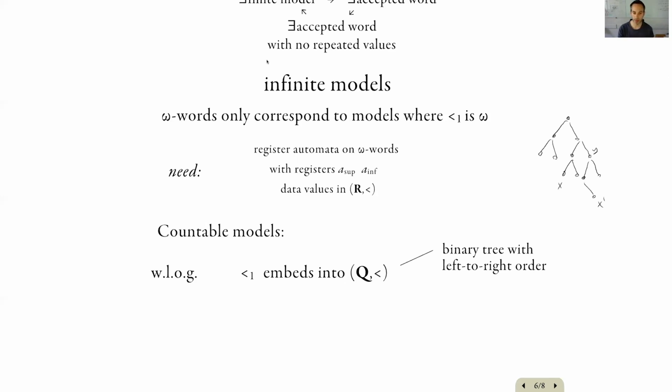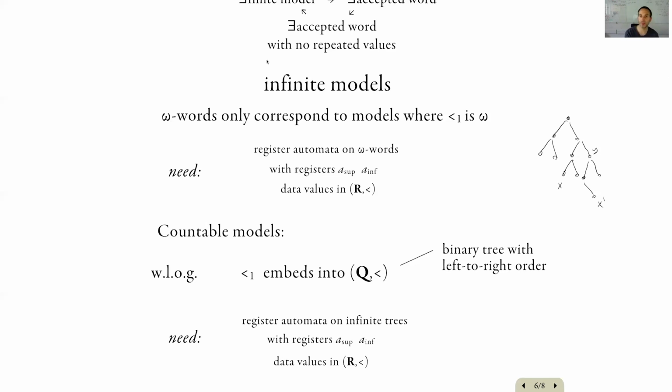So this suggests, and this is the idea used by Rabin, to consider binary trees if we want to study linear orders, countable linear orders.